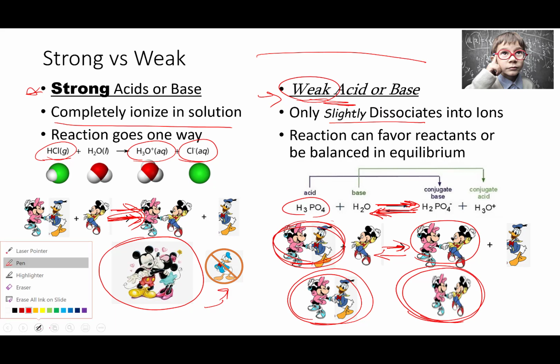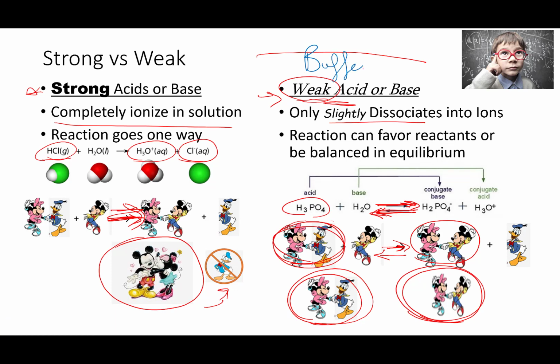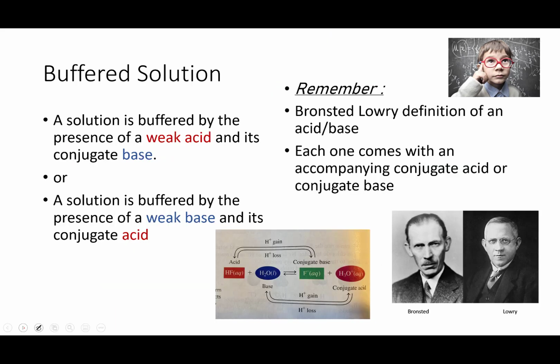We're talking about this because when you're dealing with a buffer, buffers always use these weak acids and bases, and they work best when you have this sort of 50-50 relationship, or darn close, where part of the time the reaction lives on this side and part of the time on that side, and it's this constant dance back and forth.